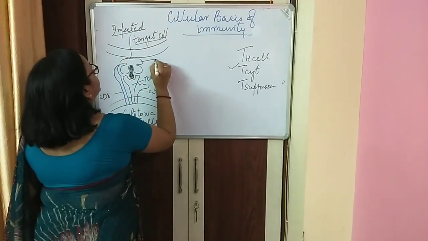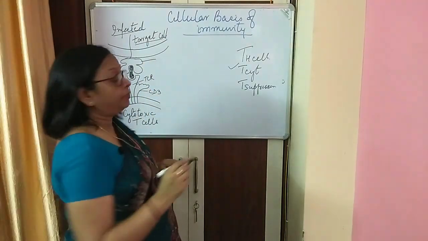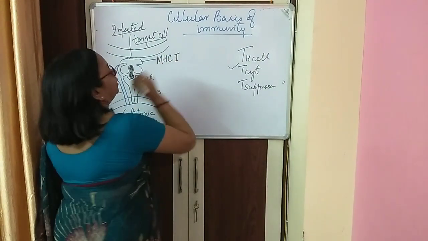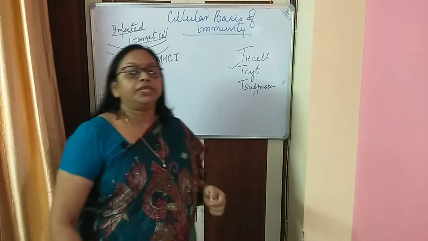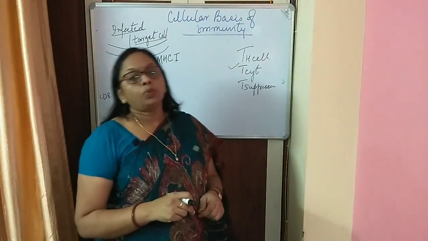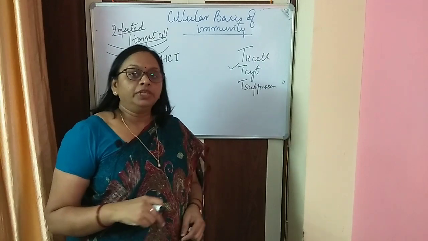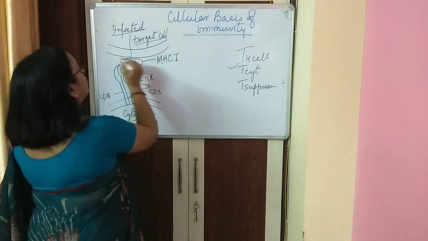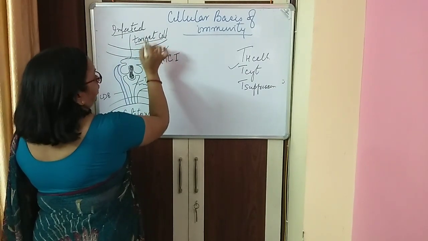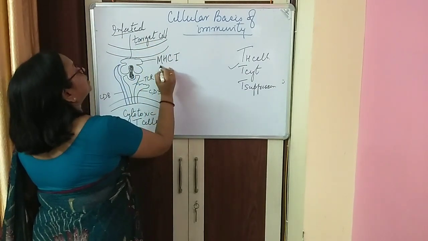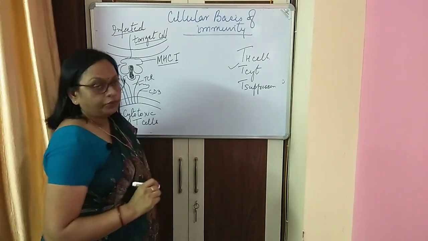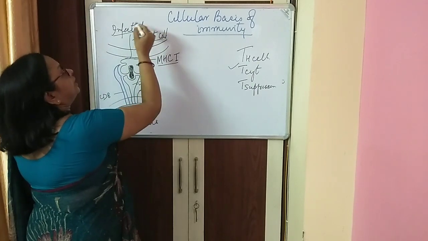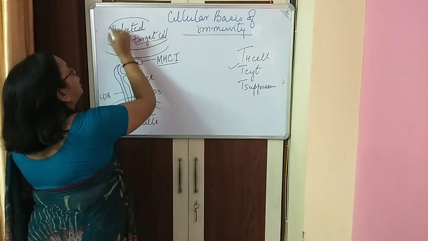And what kind of receptor will it be? It will be MHC1, major histocompatibility complex class 1. MHC1 is present on the membranes of all nucleated cells. So this is the cell membrane of the infected target cell which has MHC1 bound to it, along with the antigen coming from the infection.